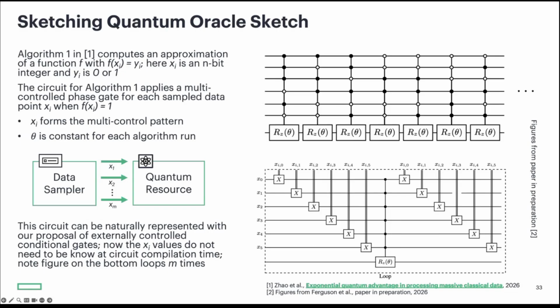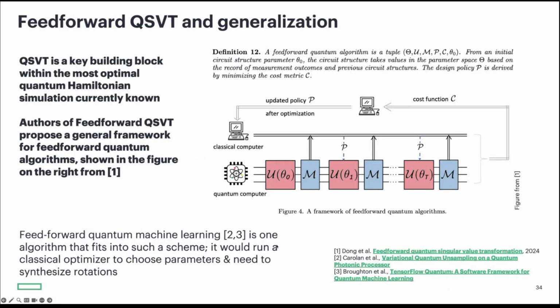Okay, and then I have one other example, which is a little bit more of a framework for algorithms. So quantum singular value transform is a key building block within the most optimal quantum Hamiltonian simulation that we know about today. And the authors of this paper on feed-forward QSVT, their feed-forward QSVT fits into a general framework that they drew a picture of over here.